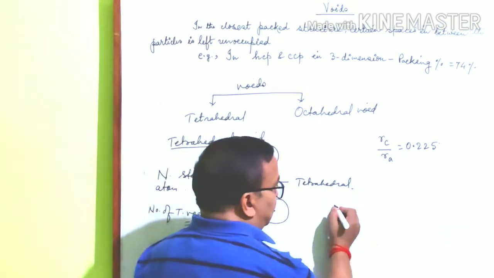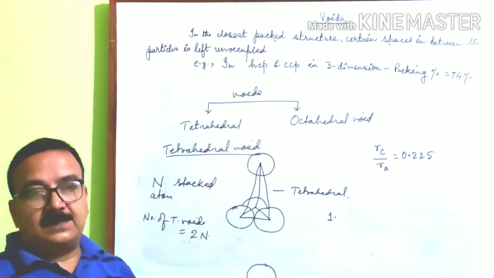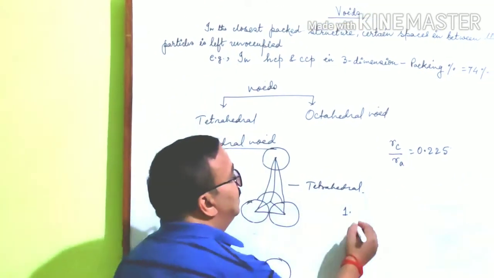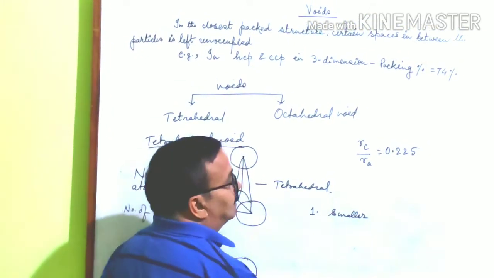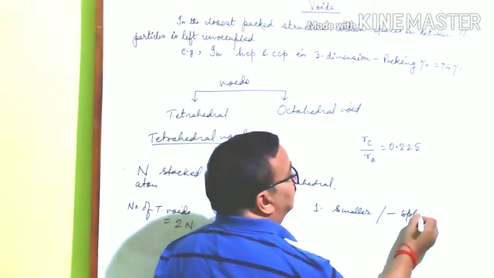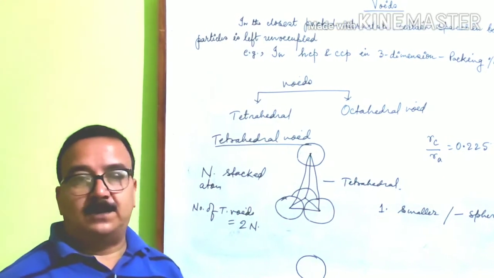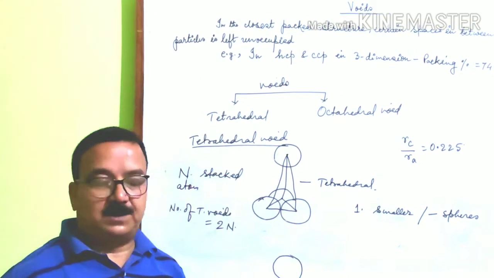Number one, the size of the tetrahedral void is much smaller than that of the constituent spheres.